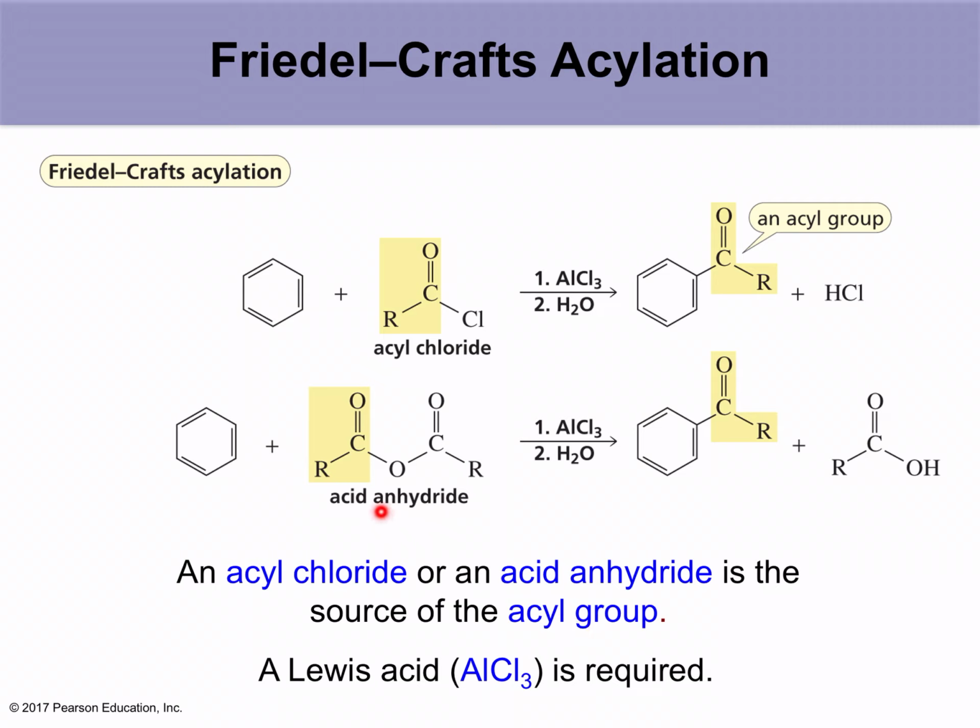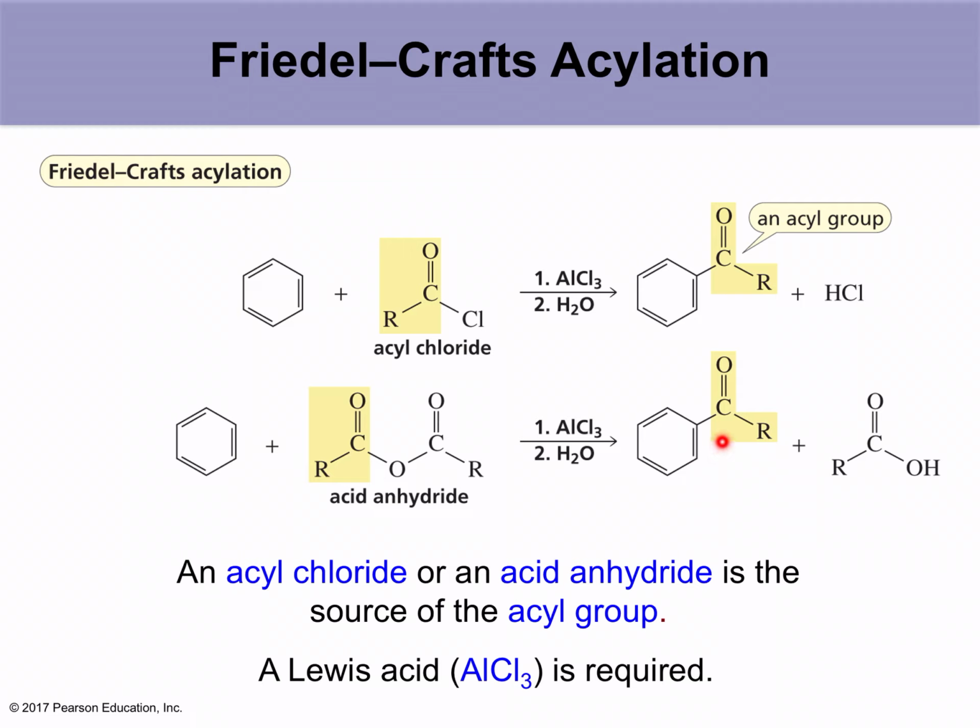Okay, acid anhydride, so this part, and then this would be your leaving group. Here would be the chloride, but here this ester part is going to be your leaving group. You can use acid anhydride with a benzene ring in the presence of the Lewis acid catalyst, aluminum chloride, and water.